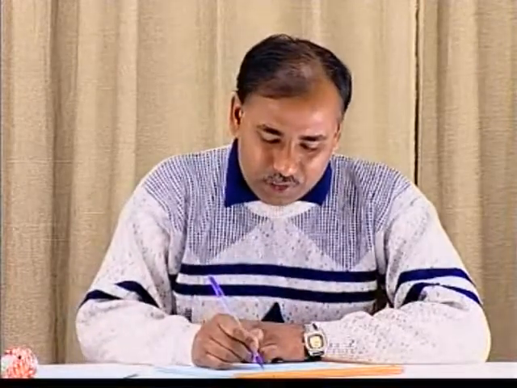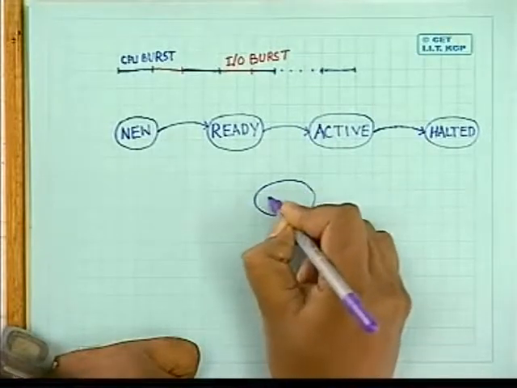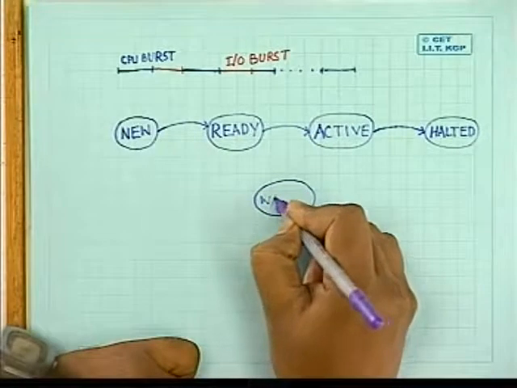So what you can do is, whenever the job wants to perform some IO operation, you just remove it from the CPU and push it into another state which is called a waiting state. That is, it is waiting for some IO operation.